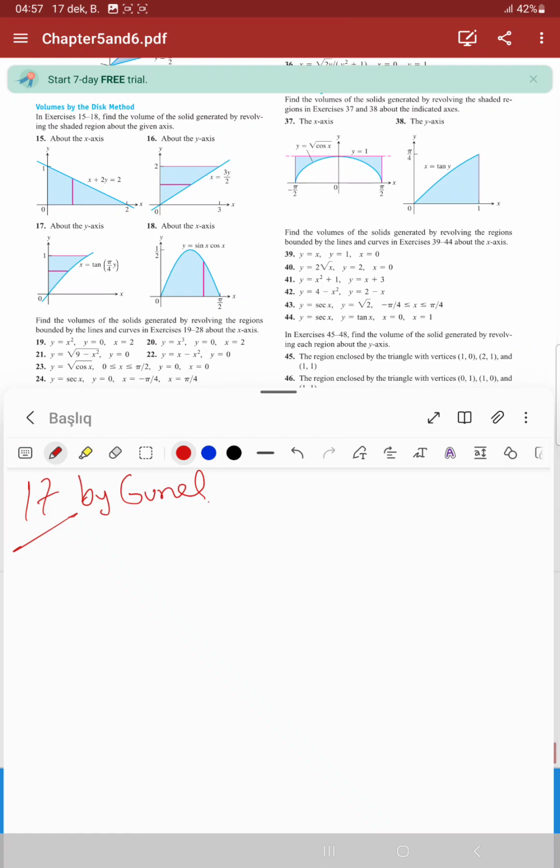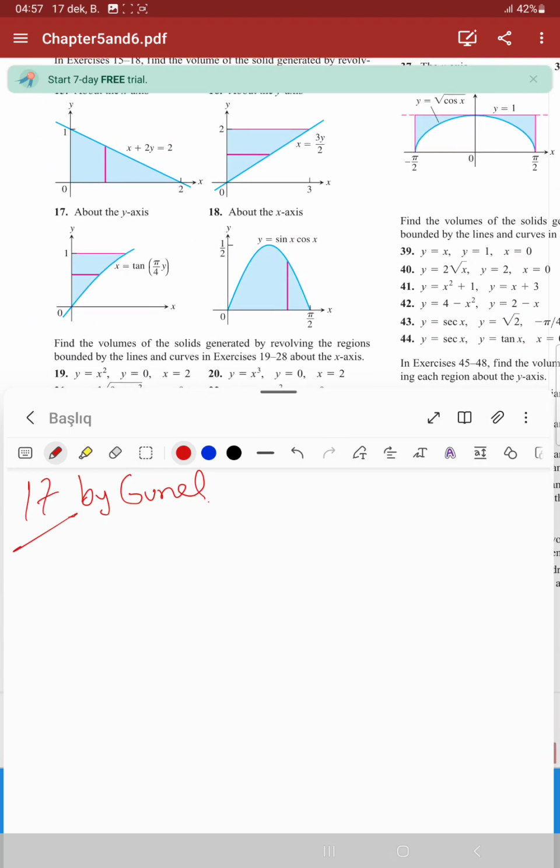Find the volume of the solid generated by revolving the shaded region about the given axis. Okay, good question. Let's draw a picture. We'll rotate it about the y-axis.